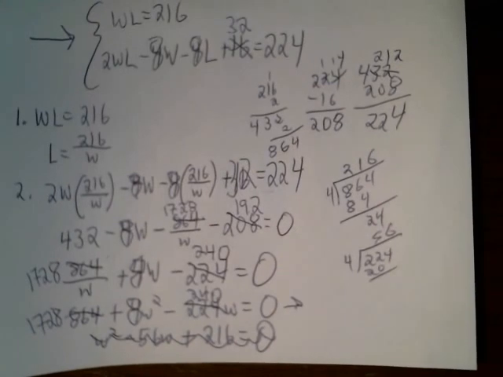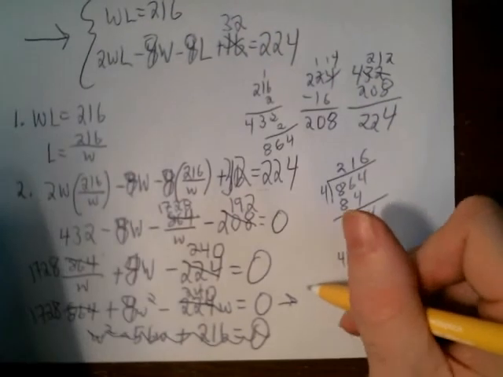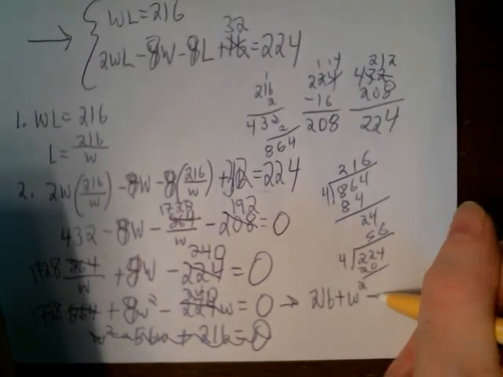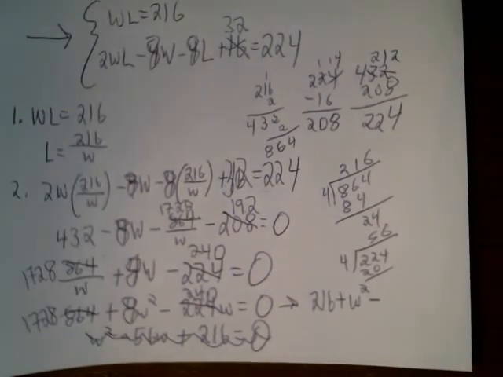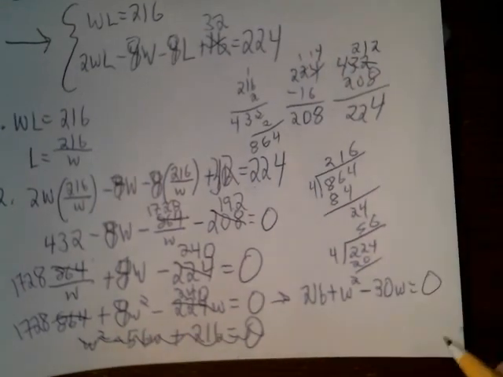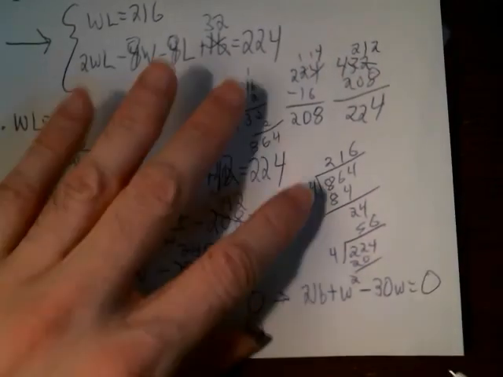As soon as my calculator starts working, 1728 divided by 8 is 216, plus W squared minus 240 divided by 8 is 30. And then that's it. Oh my god.